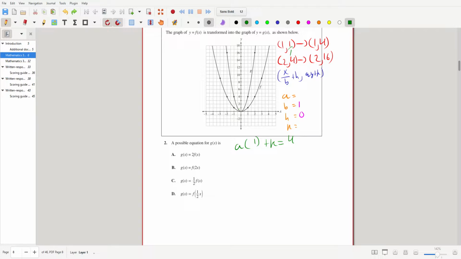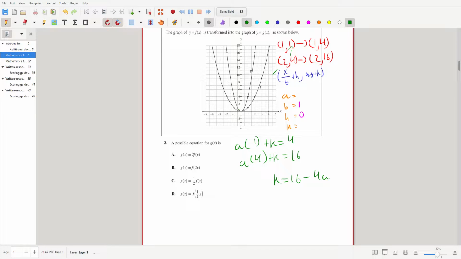Then for our second one, a times 4 plus k equals 16. I'm going to solve for k here. So k equals 16 minus 4a.